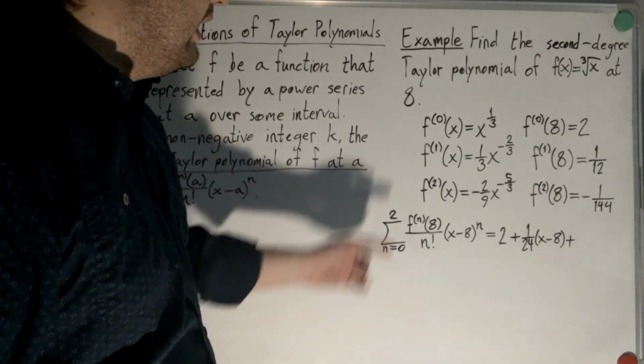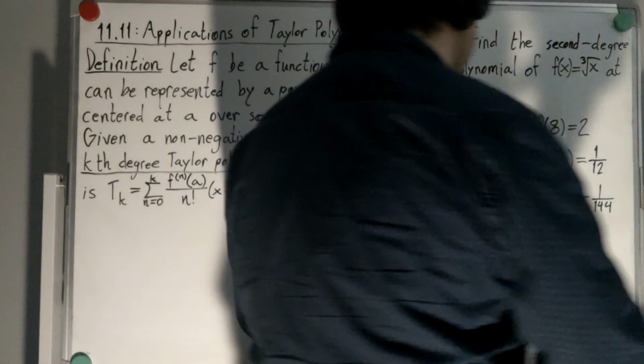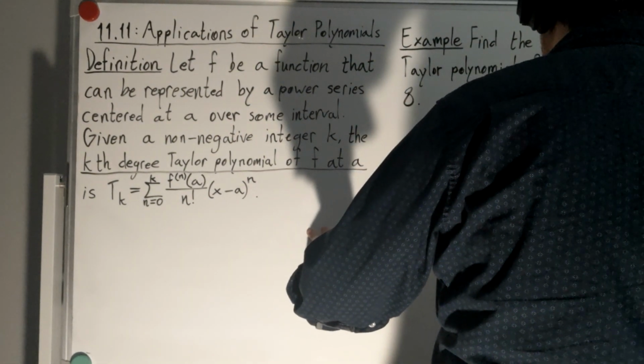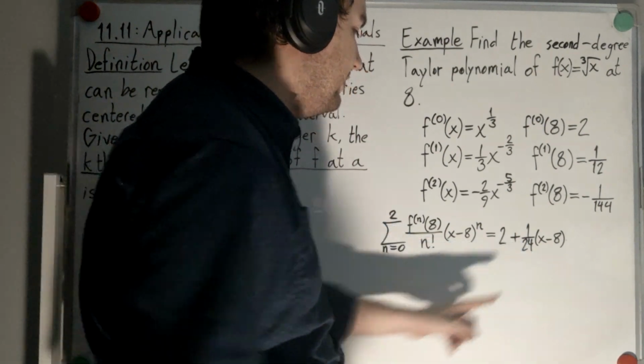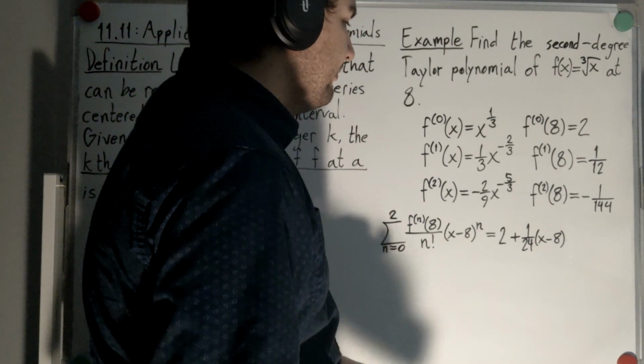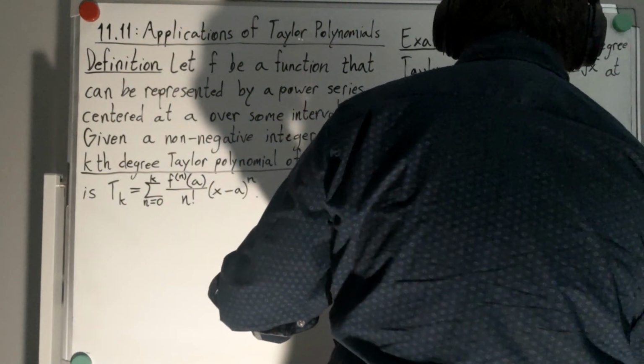And then finally, negative 1/144 divided by 2, wait. No, I messed that up. This is n equals 1 term, so we should actually be dividing by 1 factorial. So 1/12 divided by 1 factorial is actually 1/12. Sorry about that.